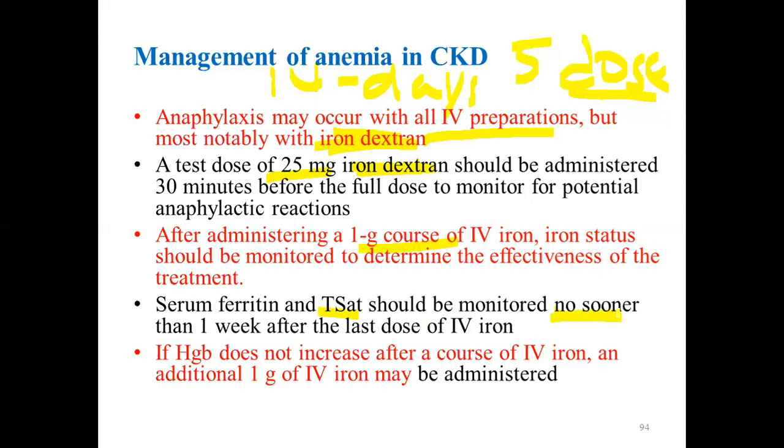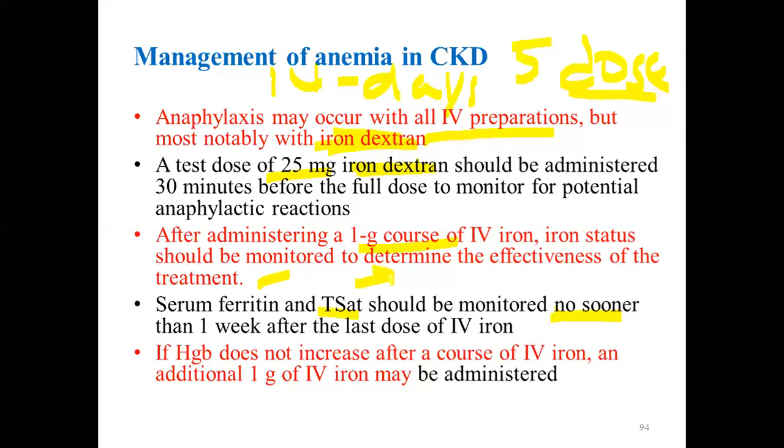Ferritin level will tell you about the iron store, and transferrin saturation will tell you about the iron level in the body. So those are very important monitoring parameters when we are replacing iron for a patient who has anemia and CKD.